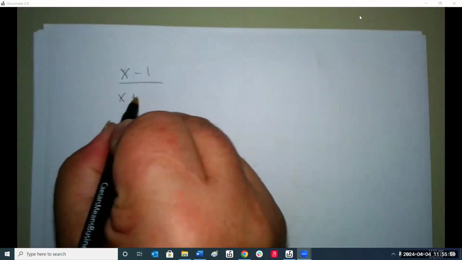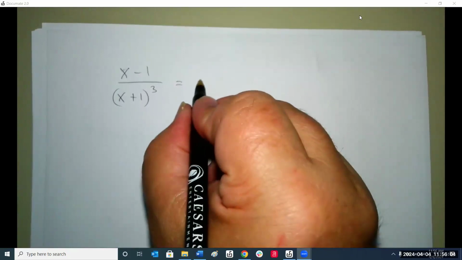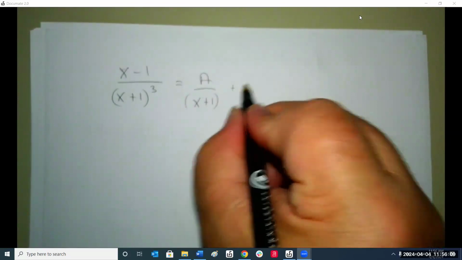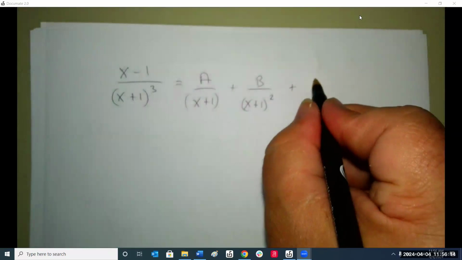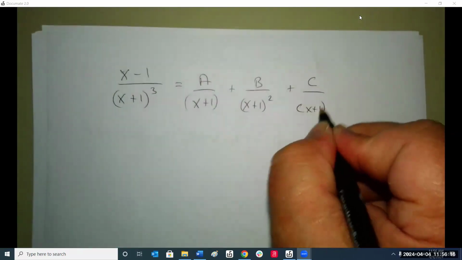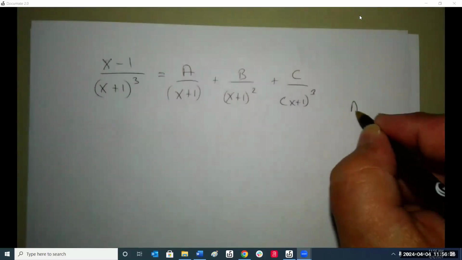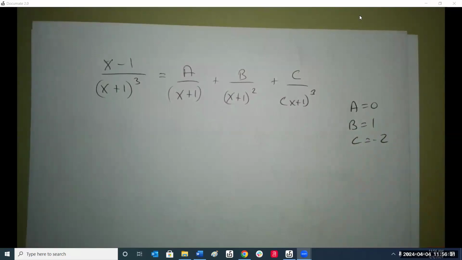So our equation (x minus 1) over (x plus 1) cubed equals A over (x plus 1), B over (x plus 1) squared, C over (x plus 1) cubed. A is 0, B is 1, C is -2.